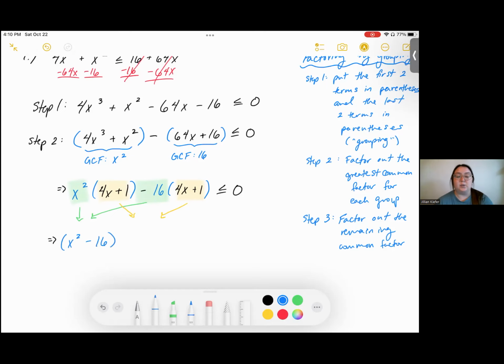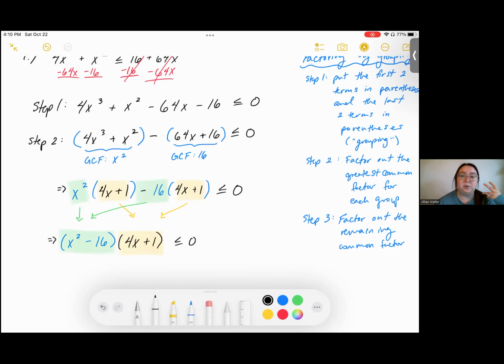So we took the greatest common factors and the sign that was in the middle there. We took the greatest common factors plus the sign and we put it into its own group. And the other group was the remaining common factor, the 4x plus 1. So we see that they got split up there, but now they're their own groups. So we see that those colors match and everything now, and this is still less than or equal to 0.